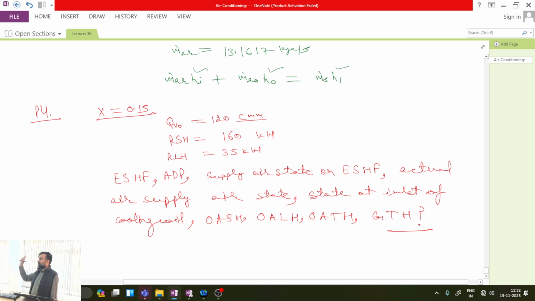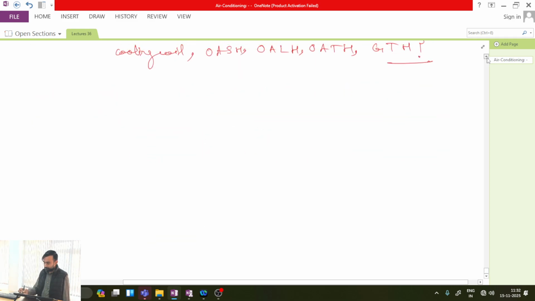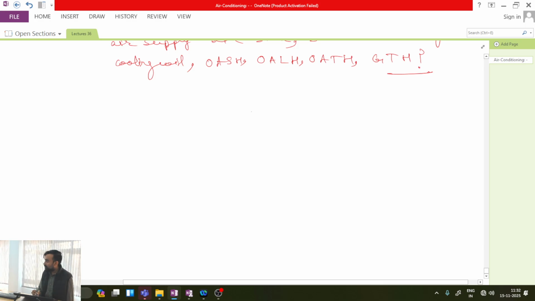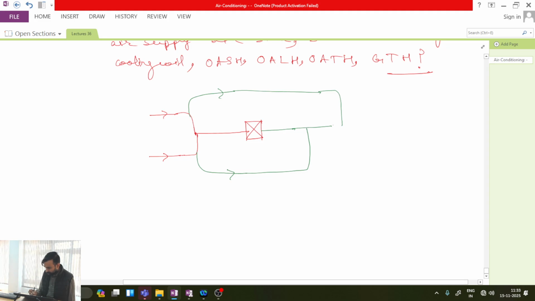Do you recall the concept of effective room sensible heat factor, or shall I explain it again before going to the numerical? Shall I explain it again?